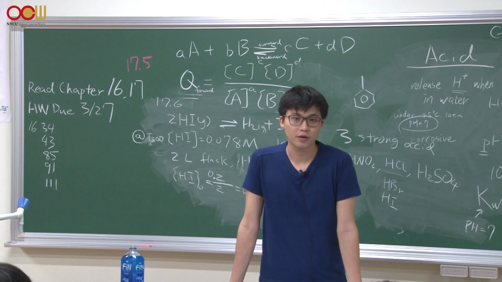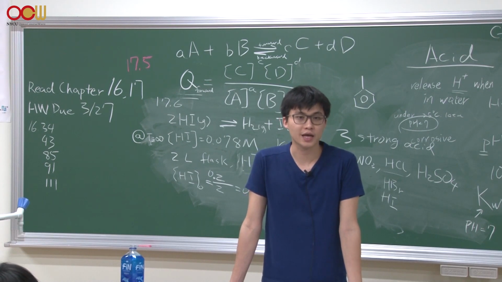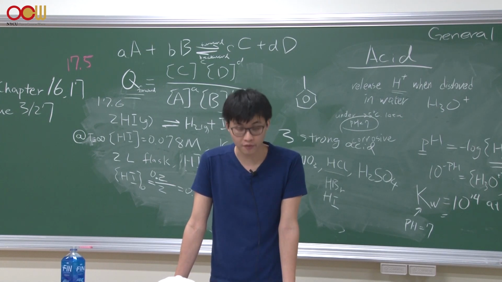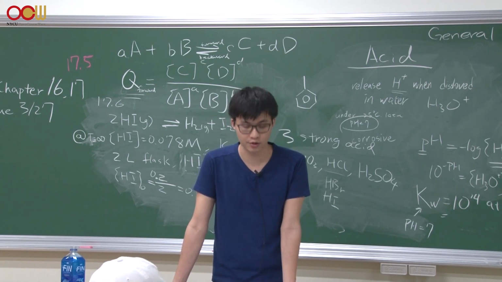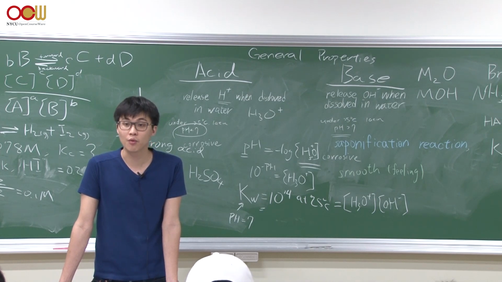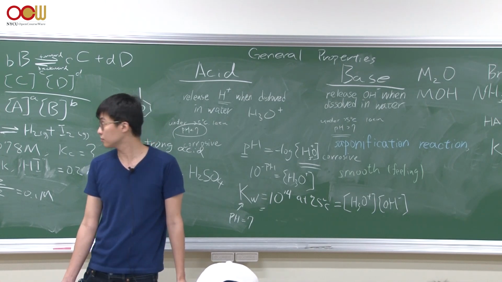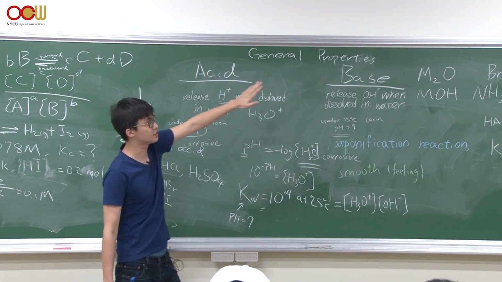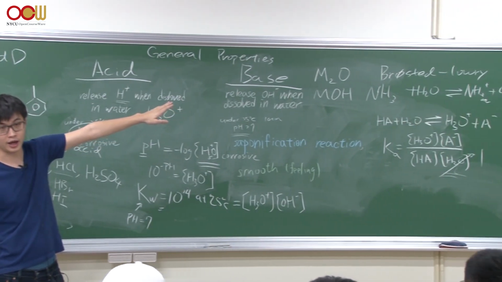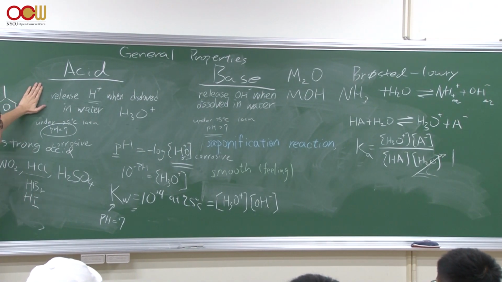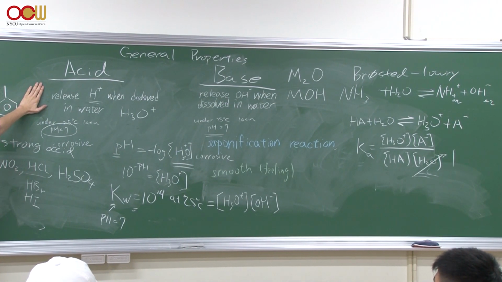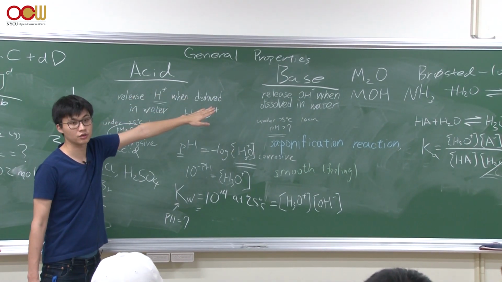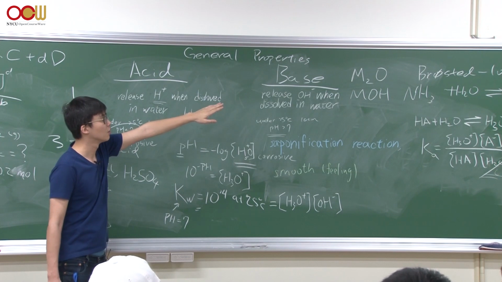Has anybody heard about Lewis acid and Lewis base? The third definition, which we will talk about next period, is Lewis acid and Lewis base. You have to remember the difference between the Arrhenius definition and the Bronsted-Lowry definition, okay? Arrhenius said acids are substances that release H+, and bases are the ones that release OH-.